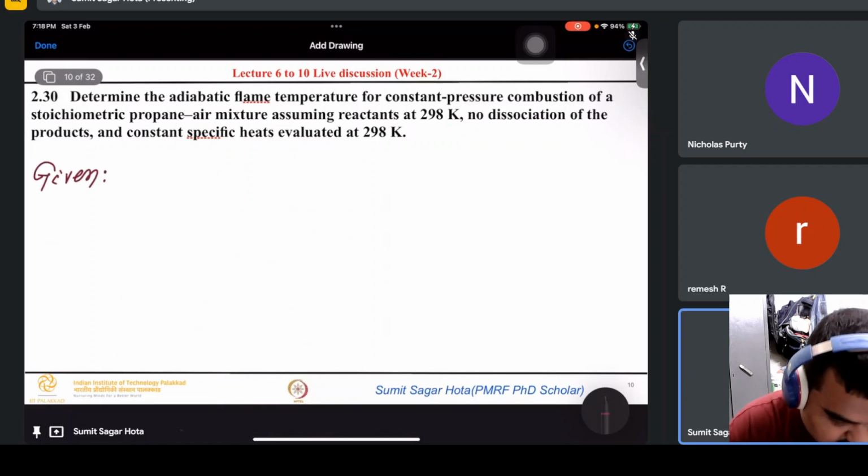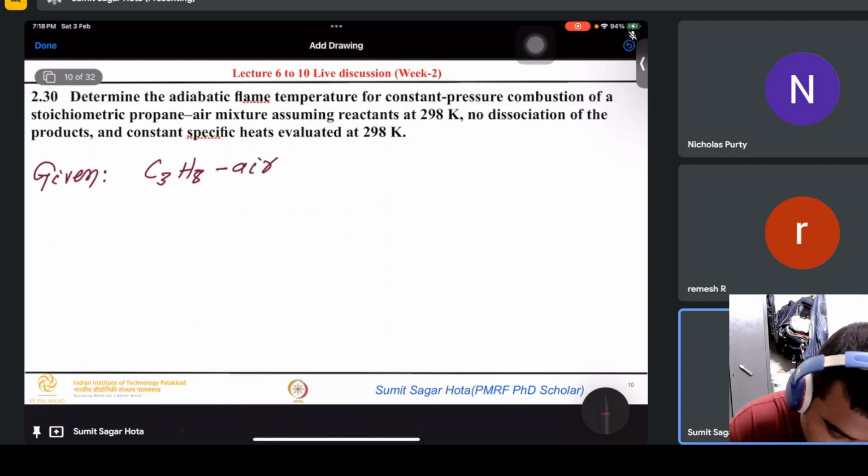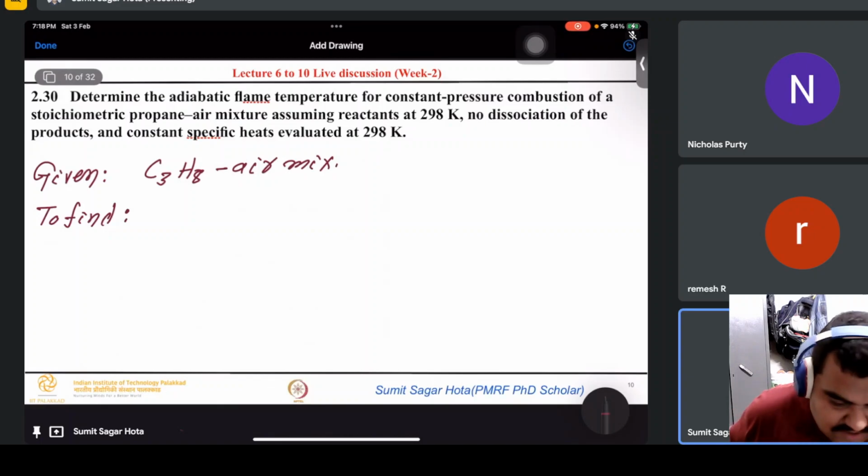In your question, it's written C3H8, propane and air mixture. This is the proper way to proceed if you are writing in any kind of exam; you should follow these steps.